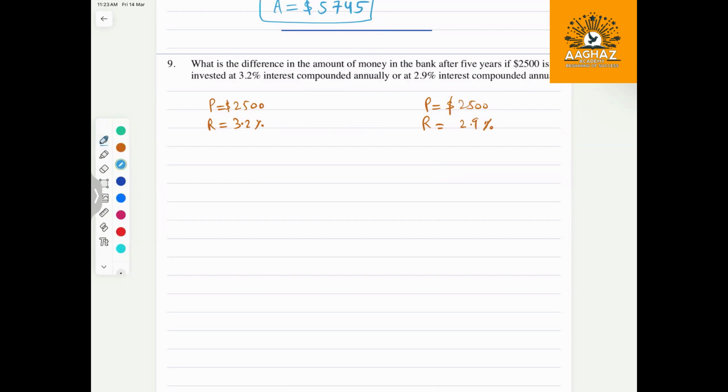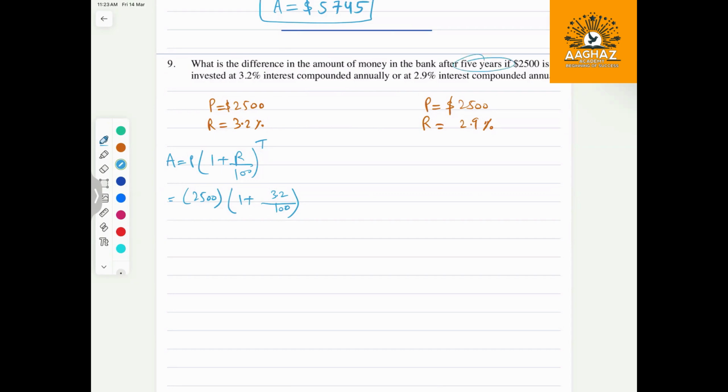So the amount in the first case is P (1 + R/100) whole power T. P value is the principal, that is 2500. 1 plus R over 100. R is 3.2% whole power. Whole power will be how much time?